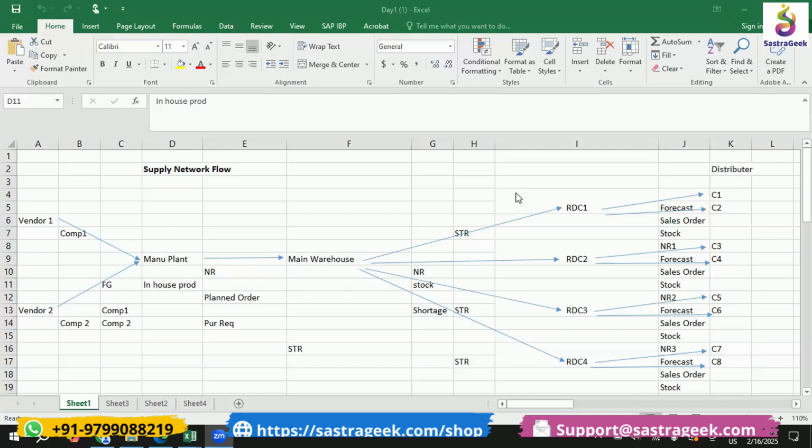Do the consensus discussion with all the stakeholders and then finalize my forecast to be sold from RDC1 to a specific customer. This process is called sales and operations planning, within which demand planning is one of the sub-functions.